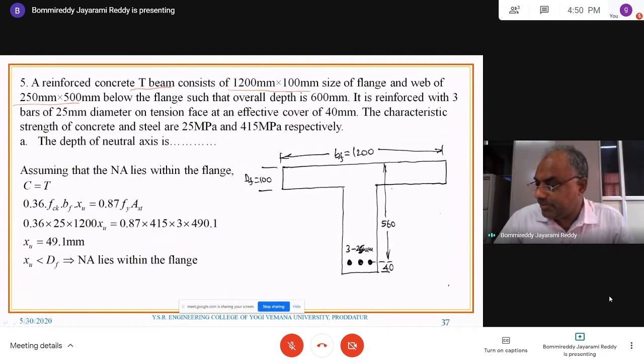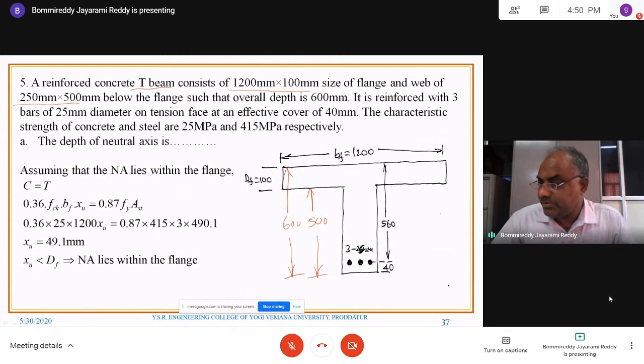Below the flange means from here only it is 500. Here only it is 500, but clarity is given such that overall depth is 600. Overall depth 600 means from top to bottom it is equal to 600.